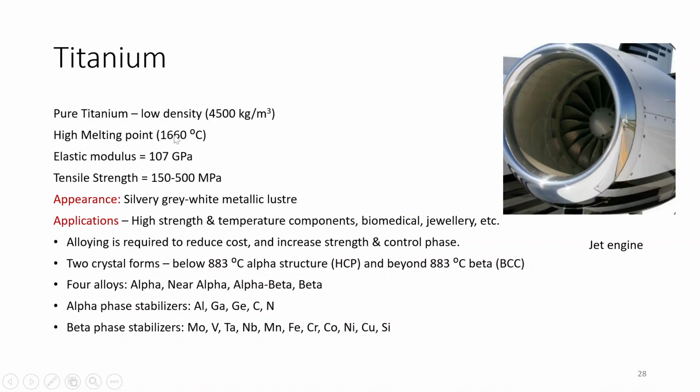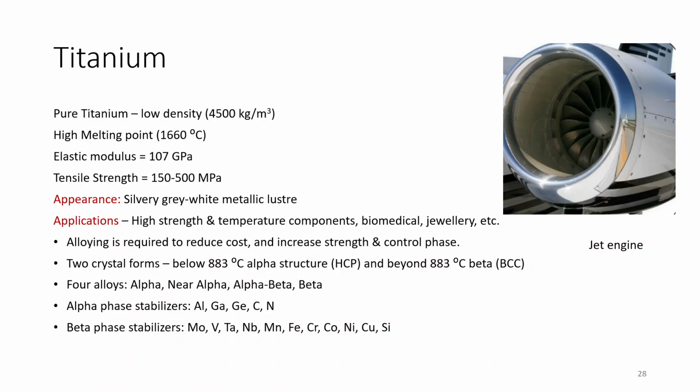So for applications which require low density as well as high service temperatures, such as aerospace applications, we choose titanium over aluminum because aluminum has a melting point of only 660 degrees Celsius. And the elastic modulus is 107 GPa and tensile strength is 150 to 500 MPa.